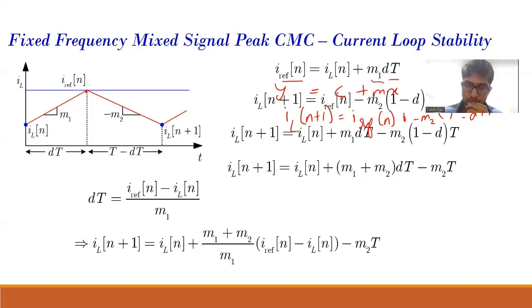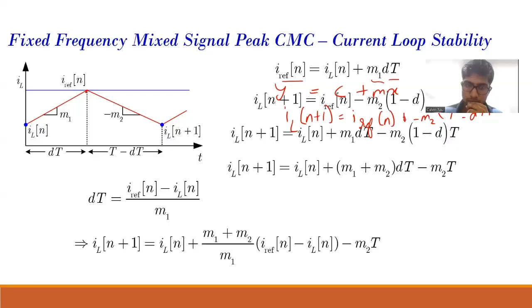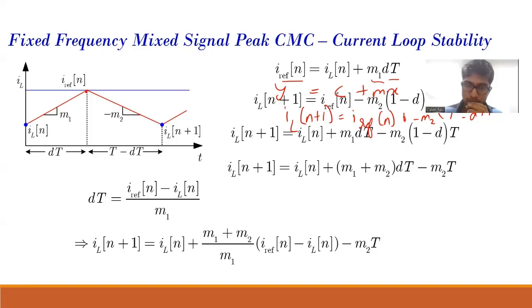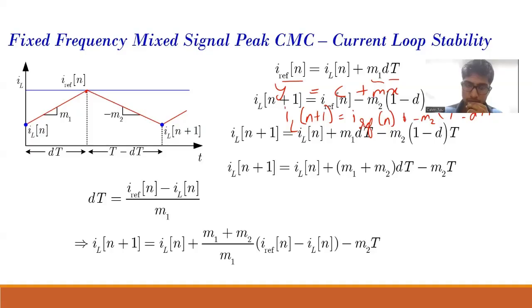What is the final thing, M2 upon M1? So M2 upon M1 should be less than 1. So it will be opposite.